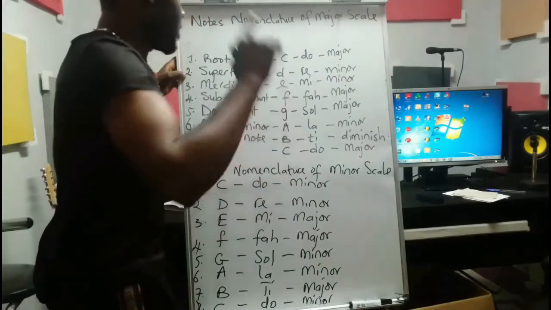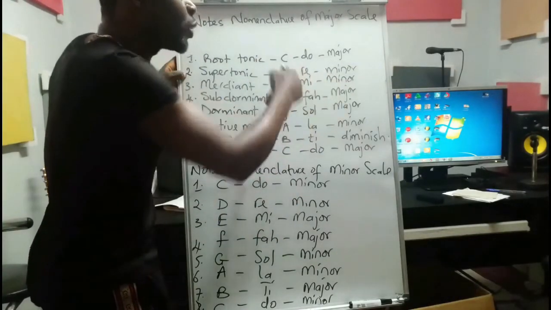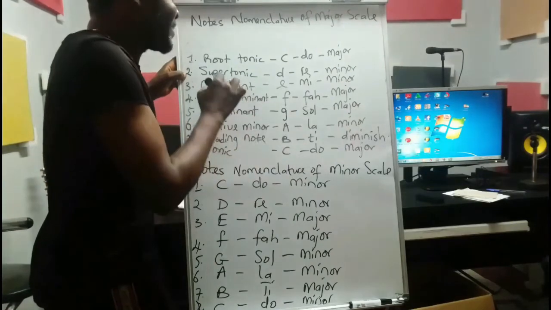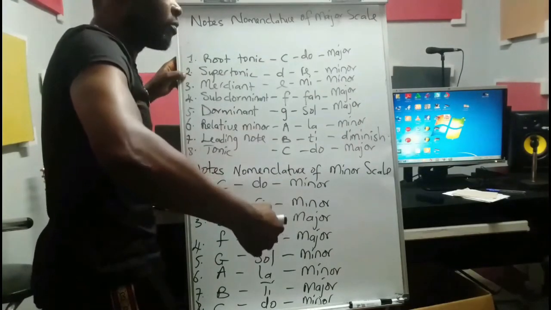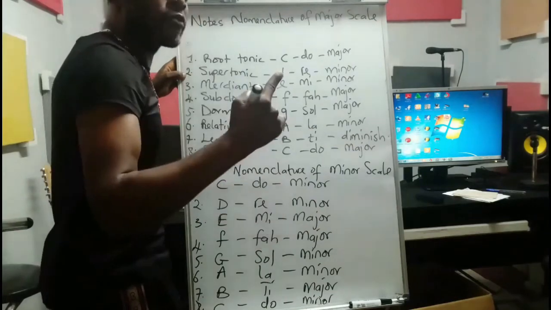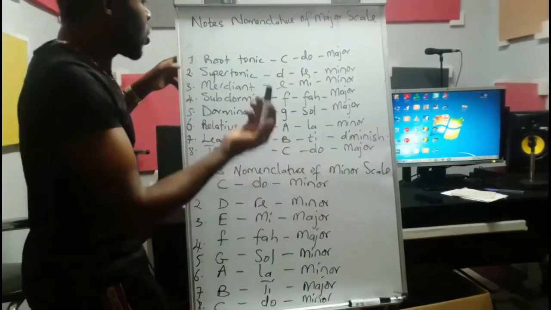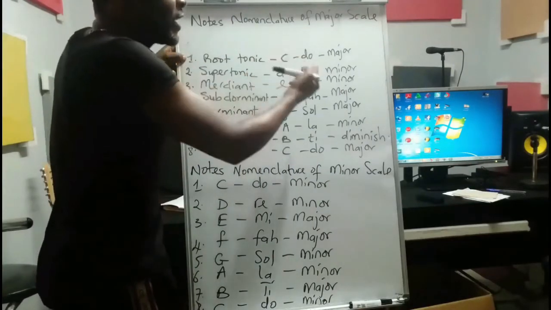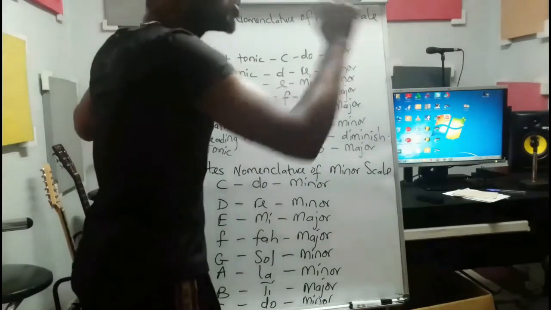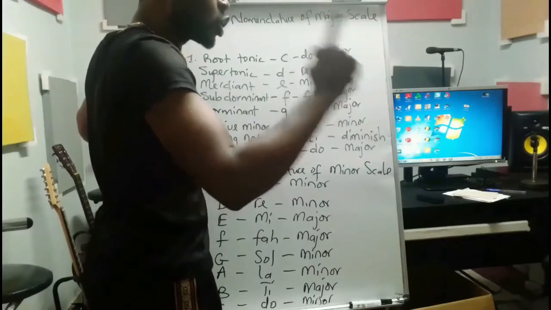Take note. The second is D, which is re. It's the supertonic, and the supertonic is the minor. Be very careful here. It's very important. So the first is the root tonic, another name is C, another name is do, and it's a major chord, not a note, a major chord.